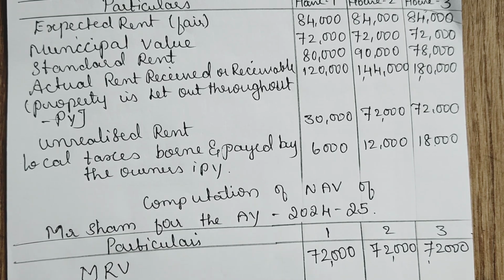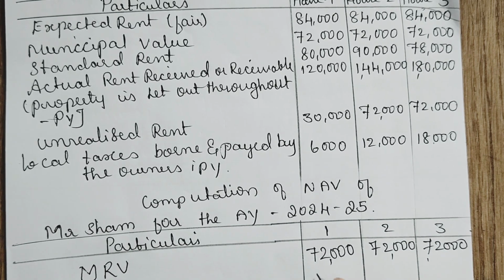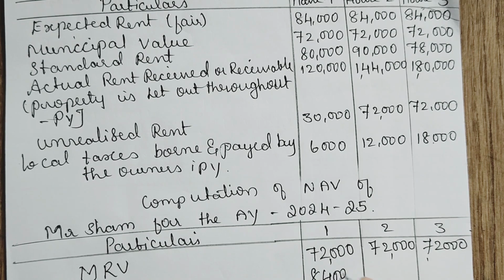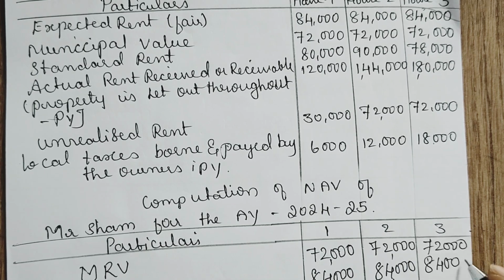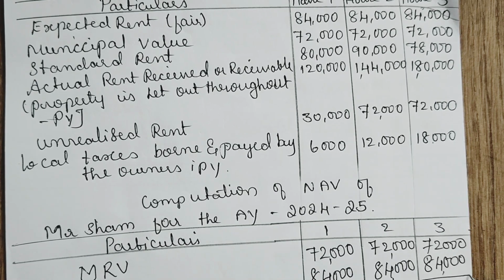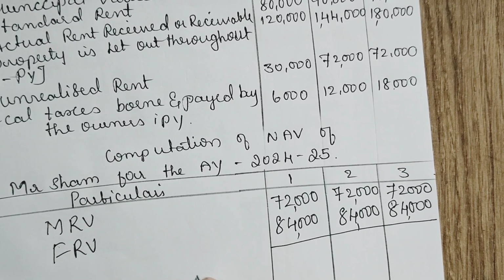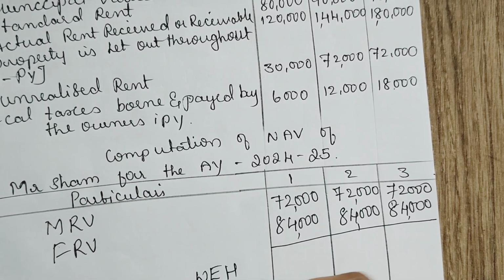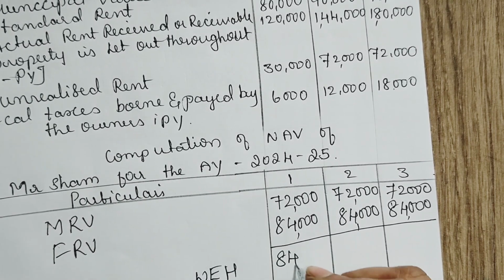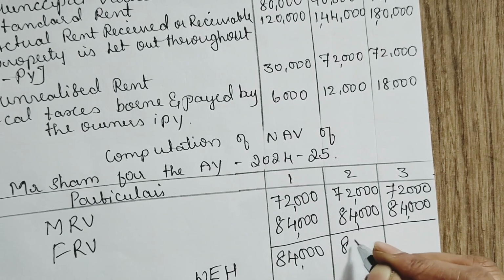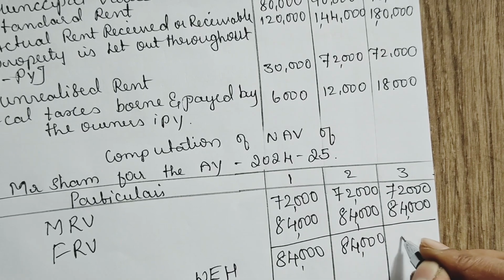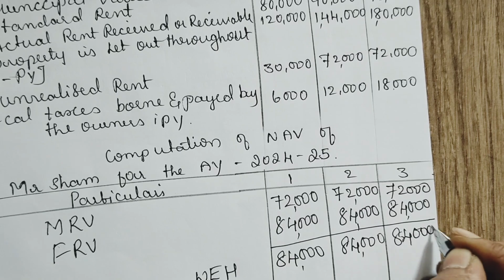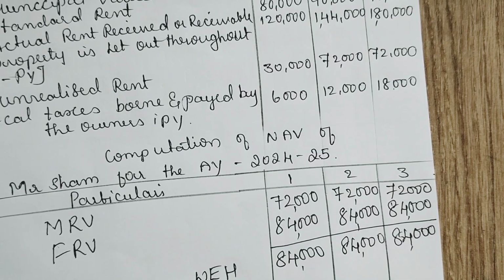Fair rental value is 84,000, 84,000, 84,000. Now whichever is higher you are considering. Which is the higher one? 84, 84, 84. Now you are comparing the higher one with the standard rent.